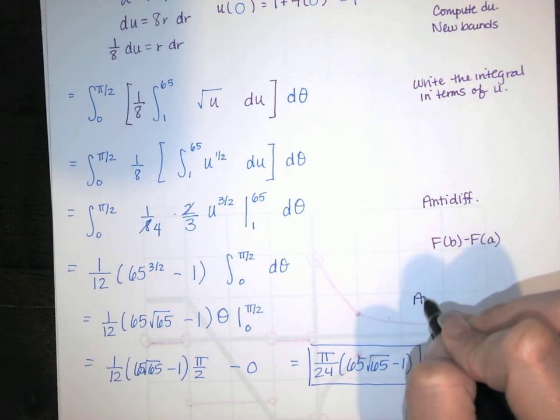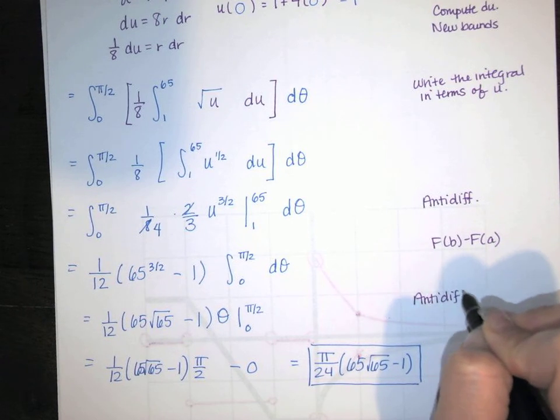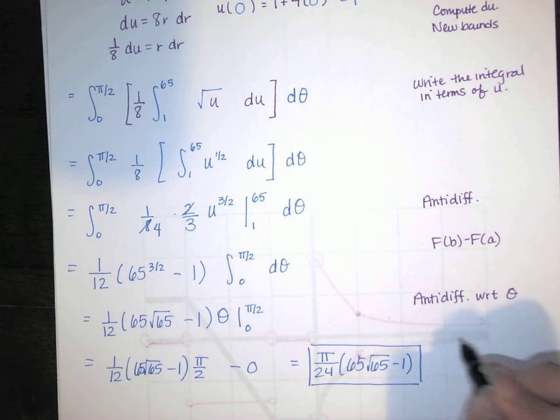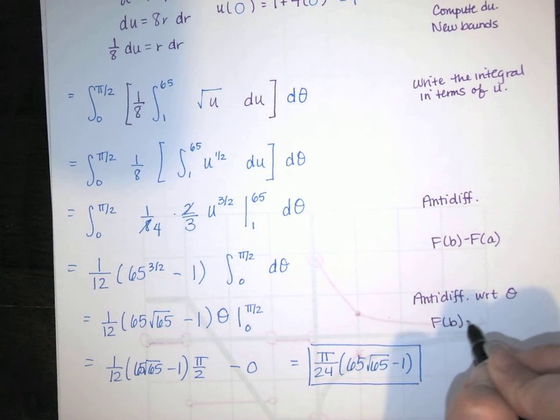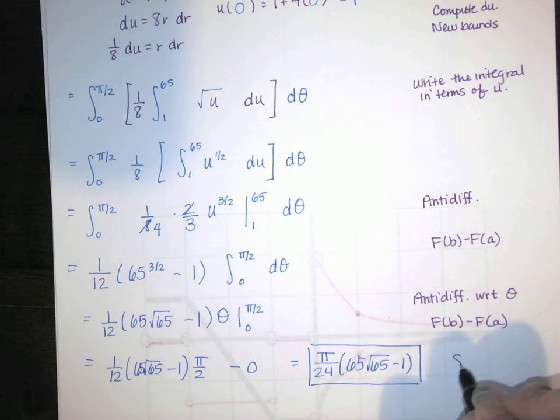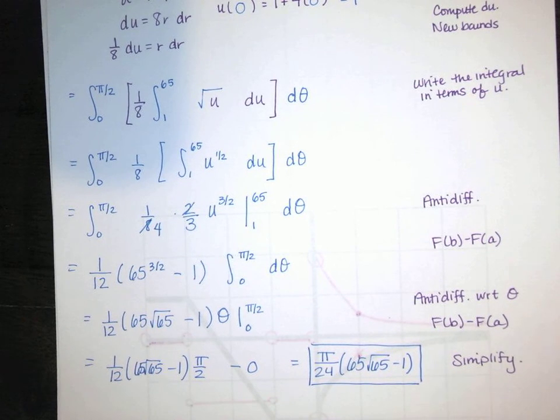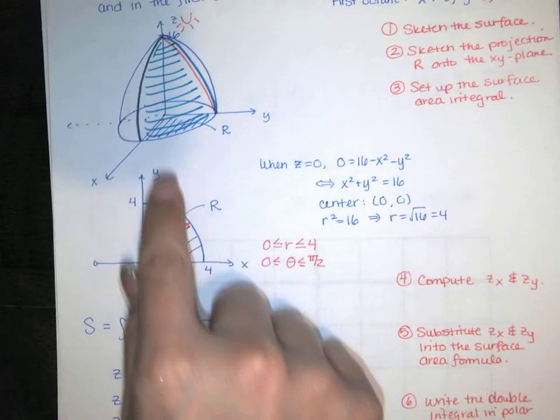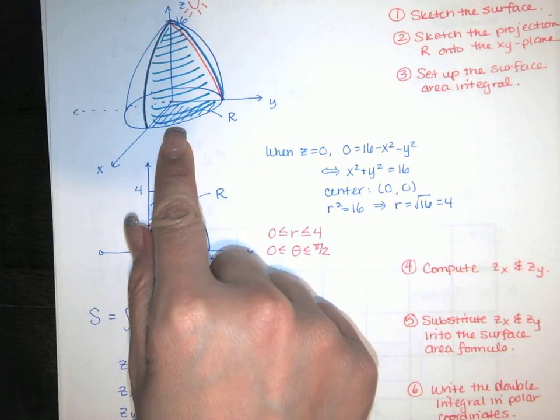And then we anti-differentiate with respect to theta, and then we use the fundamental theorem again, and we simplify. Okay, and all of that got us here, and remember that that's giving us surface area.